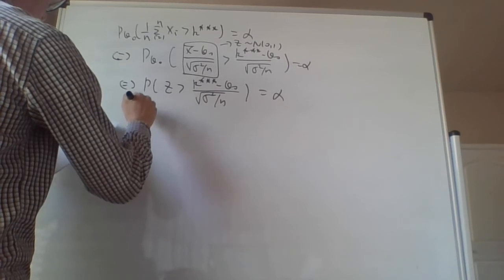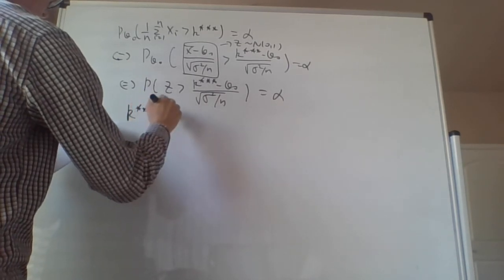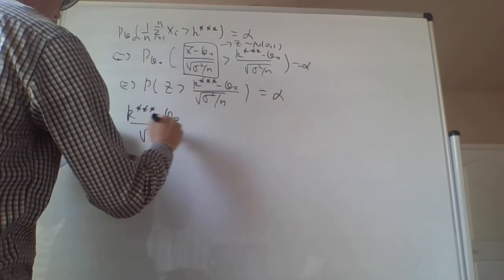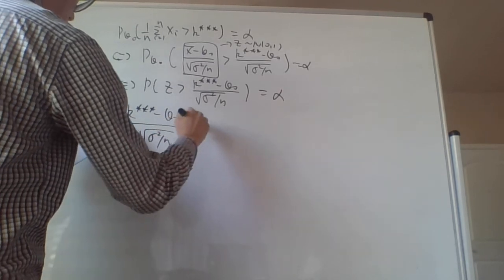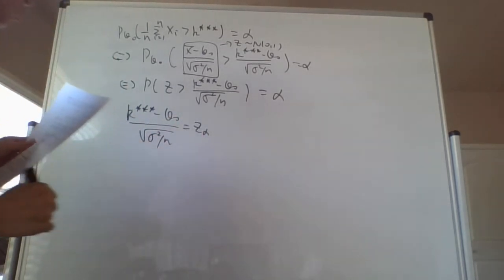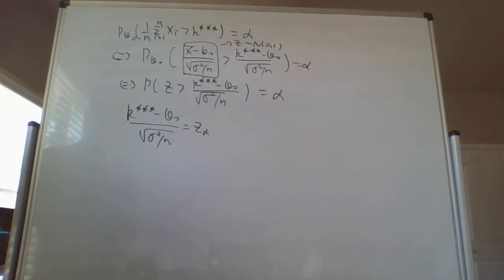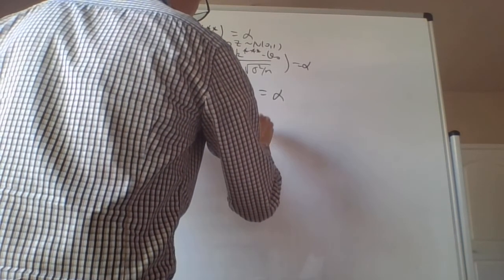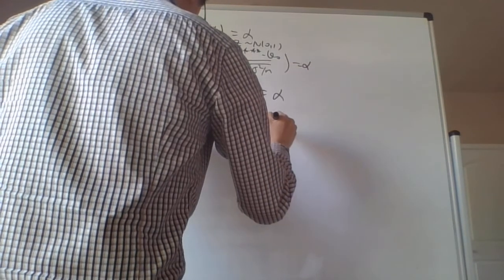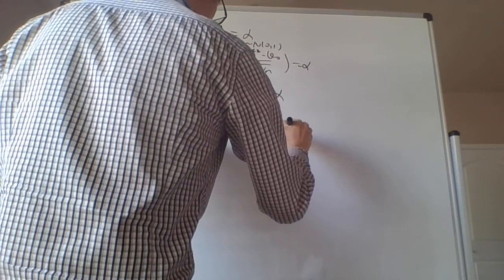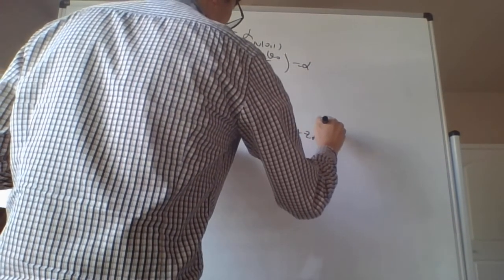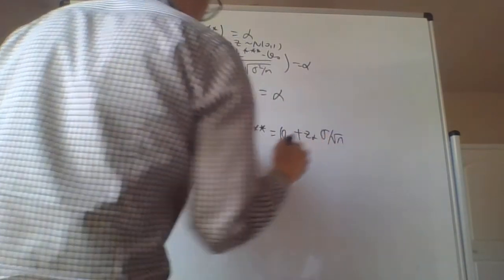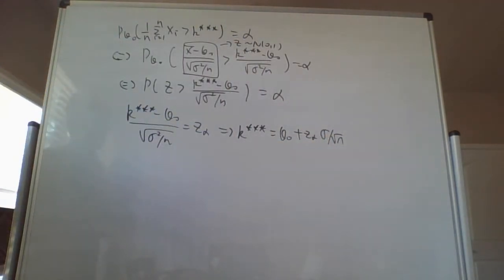So this is equal to z alpha. So k star star star is equal to theta 0 plus z alpha times sigma divided by square root of n.